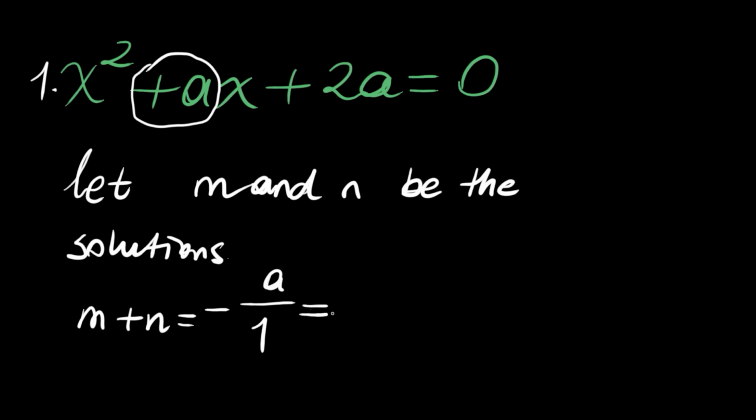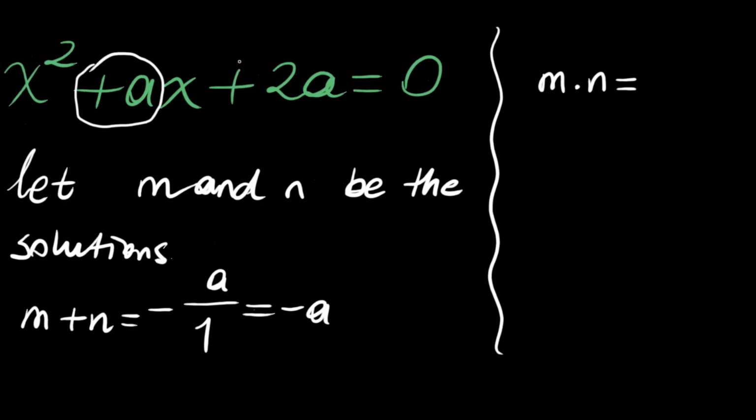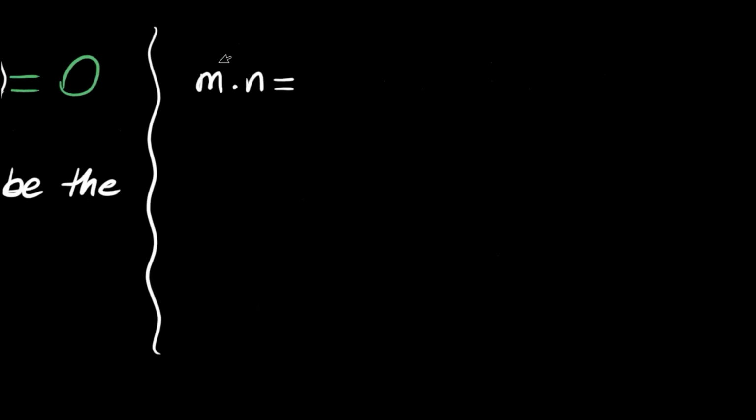So this is equal to negative a. And the product of these two is equal to the constant term, which is 2a, again divided by the leading coefficient, 2a divided by 1, which is 2a.